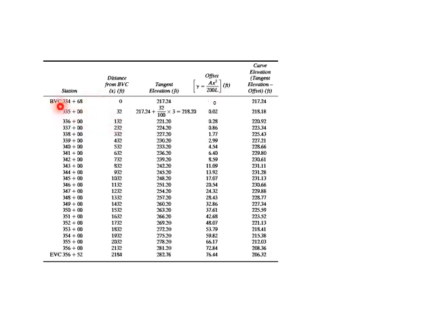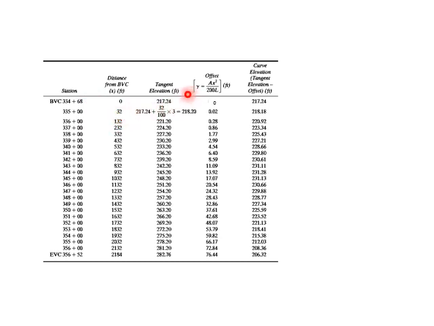The second point will be the next complete station from BVC. After 334, the next station is 335 plus 00. This one was 334 plus 68, but the next complete 100 feet is at 335 plus 00. So you take the difference between these two points, 33500 minus 334.68, and you get 32 feet. This becomes your x.